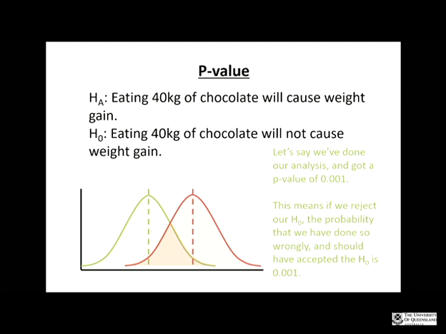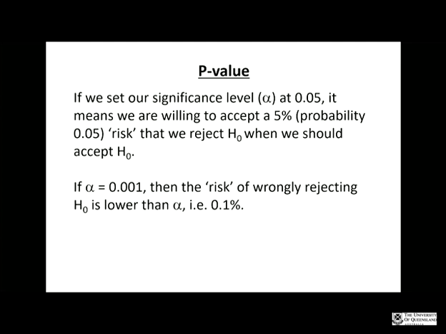Sorry, I'm saying it the wrong way around. We're rejecting the null hypothesis, okay? So the probability that we have wrongly rejected that eating the chocolate makes no difference is very low, 0.001. Is that making sense? If not, keep going over it. I'll explain to you later, okay?